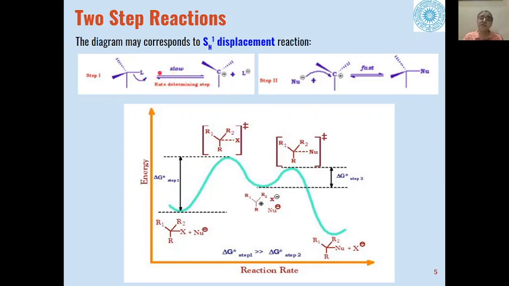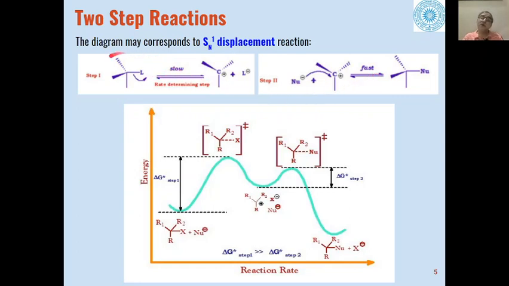And this step is a slow step, and because this is a slow step, that means this is the rate determining step. And in the second step, the carbocation interacts with the nucleophile to give us the final product, and this is a faster reaction.